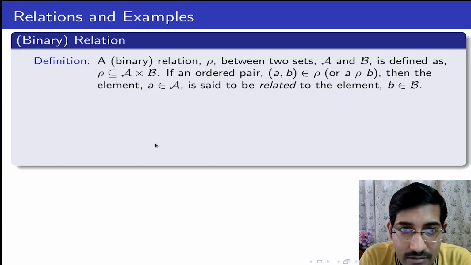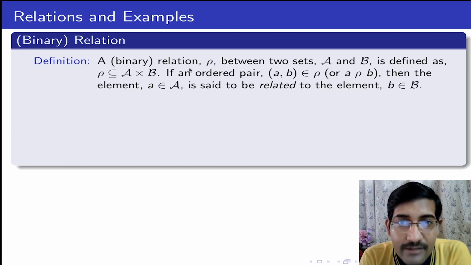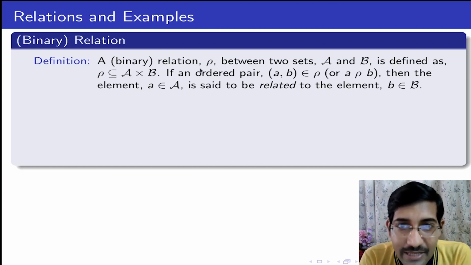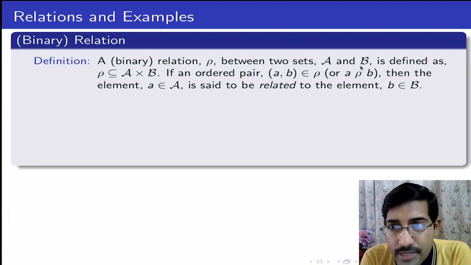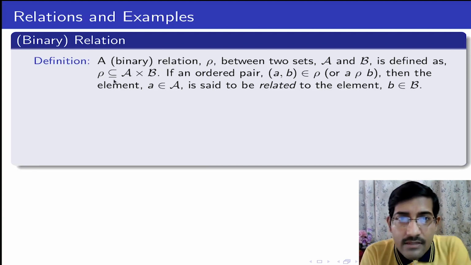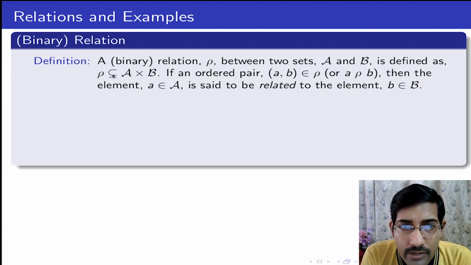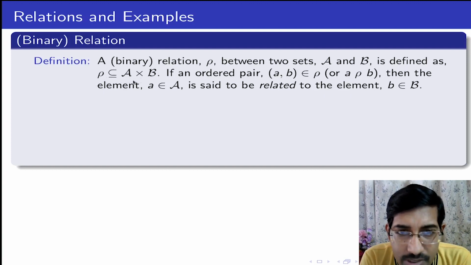So this motivates us to define certain kinds of relations, which is the core topic of this lecture. A relation, and obviously a binary relation, since we are relating two sets, A and B, is defined as a subset of A cross B. We call it rho.